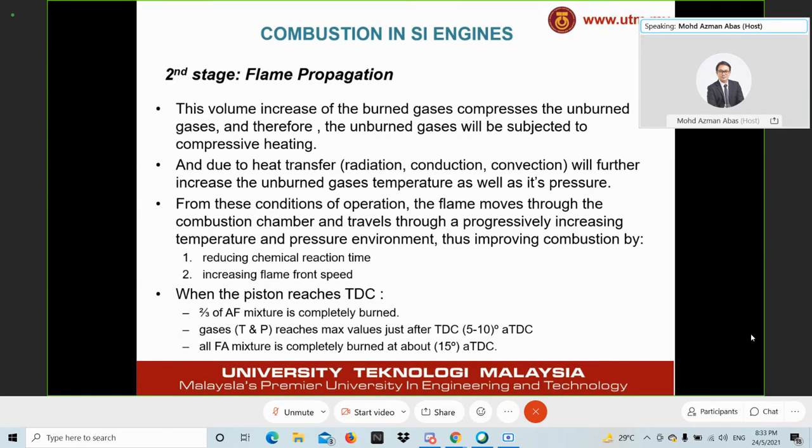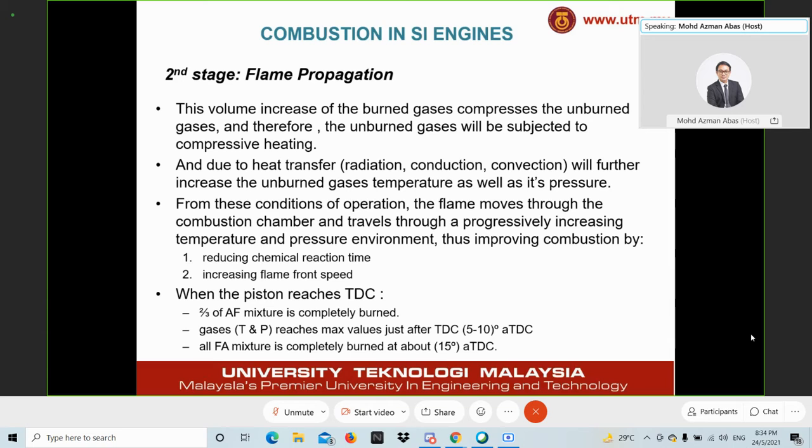This volume increase of the burnt gases compresses the unburned gases, and therefore the unburned gases will be subjected to compressive heating. Due to heat transfer, either through radiation, conduction, or convection, the unburned gases' temperature as well as pressure further increases.